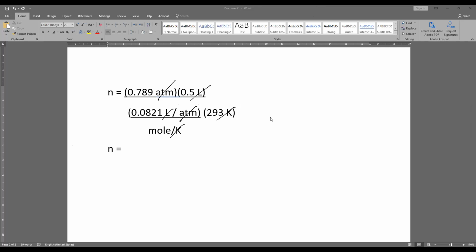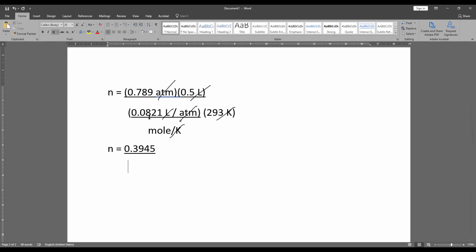Multiply. 0.789 times 0.5 is 0.3945 over 0.821 times the degrees Kelvin, which is 293.